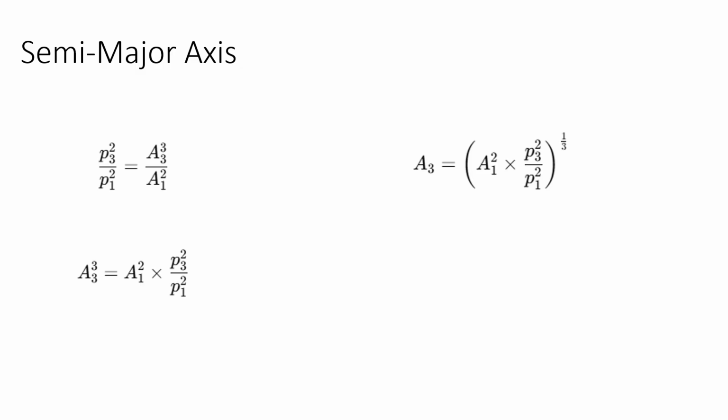That's basically how you use this formula to find the semi-major, and that's the formula that I used to figure out the semi-major for the ones that were missing semi-majors, so it's pretty cool.